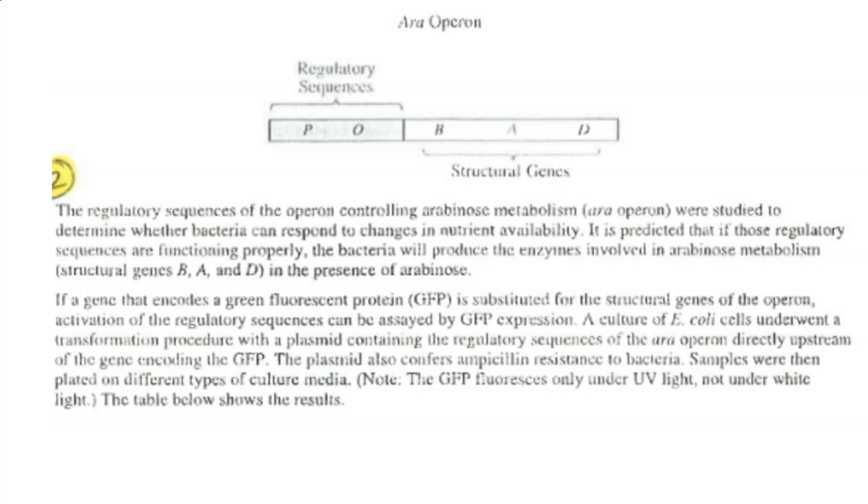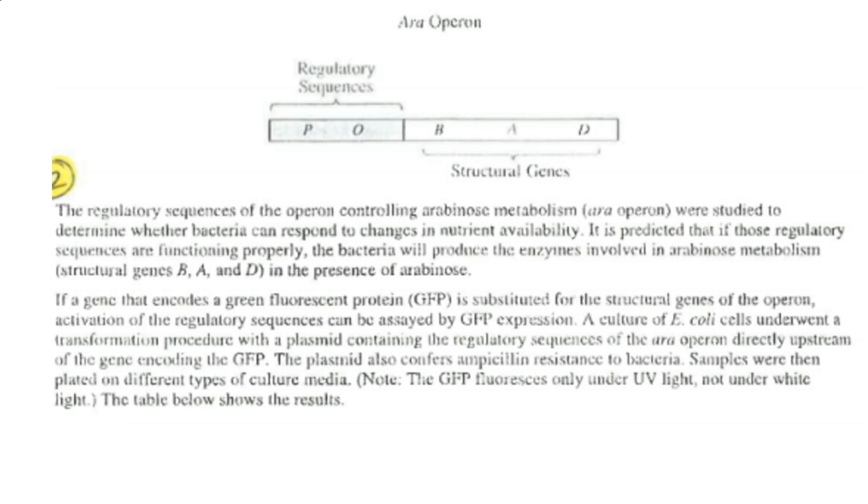This is very similar to what I was just showing you guys with the lac operon. The plasmid also confers ampicillin resistance to bacteria. Samples were then plated on different types of culture media. Note, the GFP fluoresces only under UV light, not under white light. And then we're going to have a table of the results.